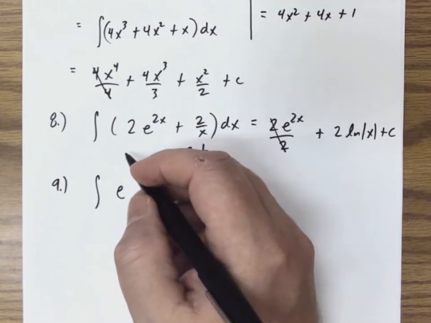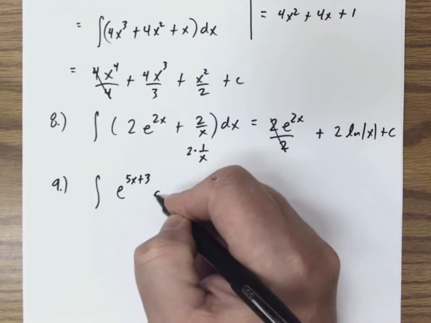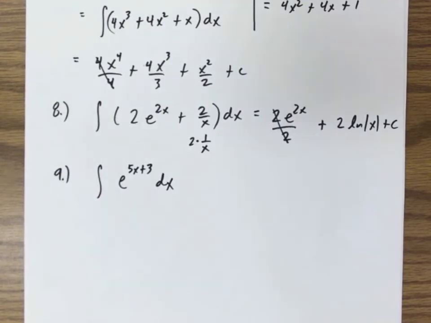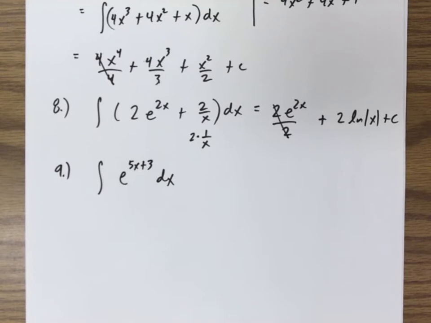Now these are getting a little more interesting the more problems we do. So now we're back to an exponential function. The integral of e to the 5x plus 3 with respect to x.